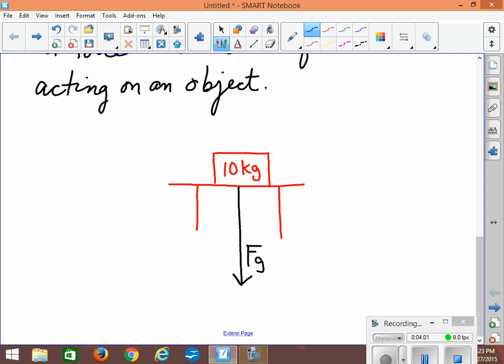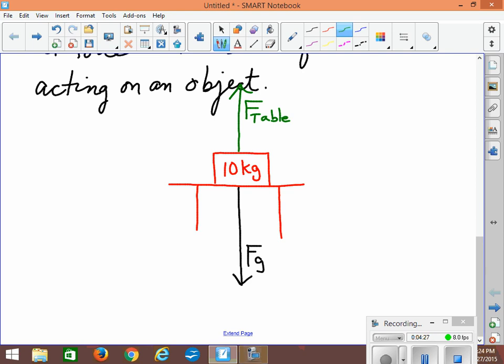Now, if that was the only force, then this box should be accelerating down through the table and into the ground. But it doesn't do that. And that's because the gravity force is balanced or matched by another force, which is the table pushing up. The force of the table. We're going to learn that this is actually something that's called the normal force, but we'll get to that in a minute.